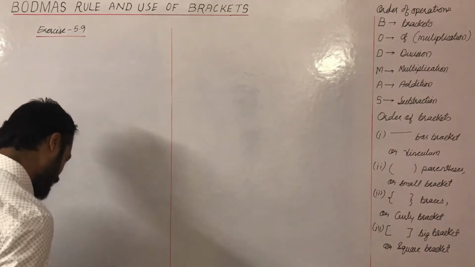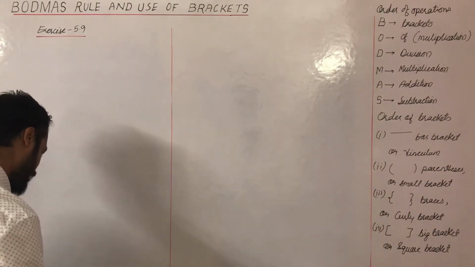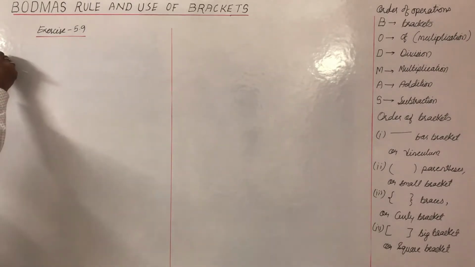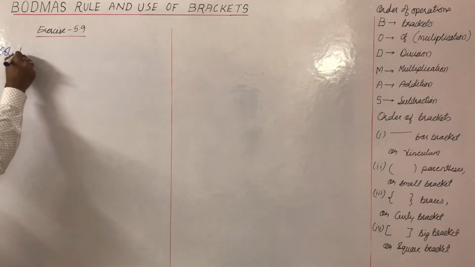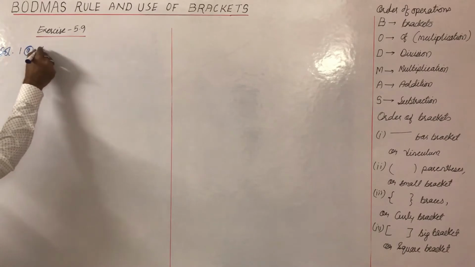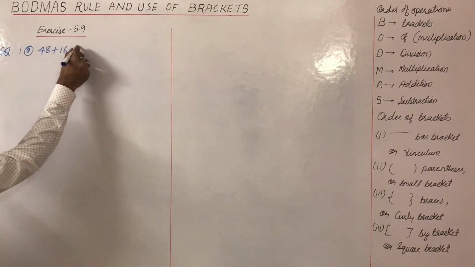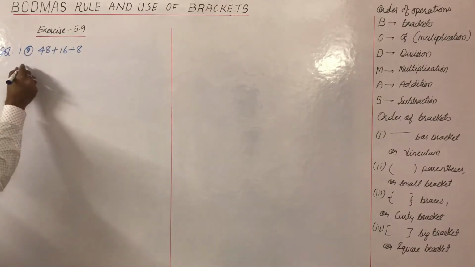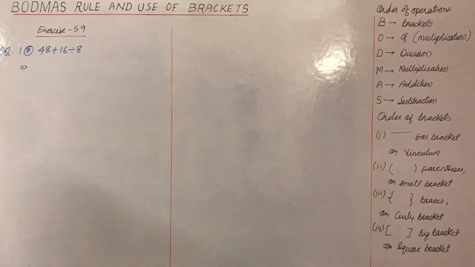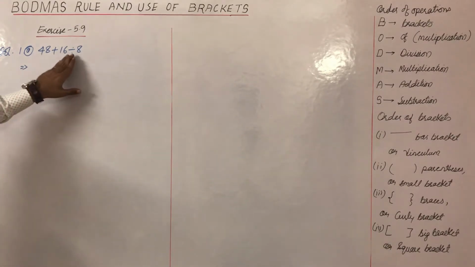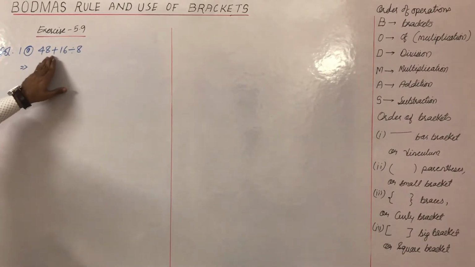First question, find the value of 48 plus 16 divided by 8. In this problem, plus and divide, addition and division, these are two operations.